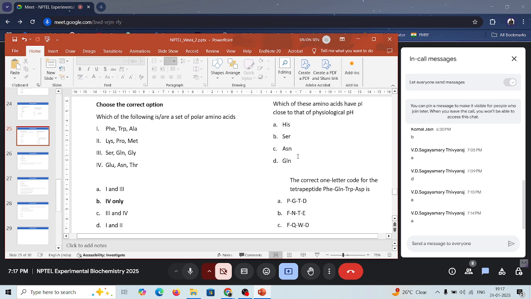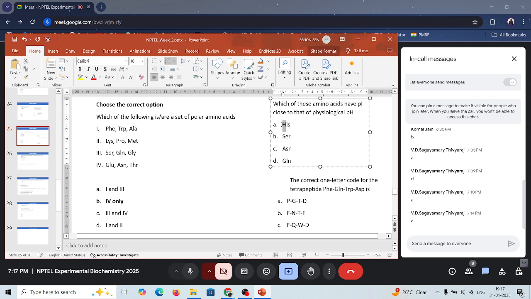Histidine, serine, asparagine, and glutamine. So the answer is histidine.